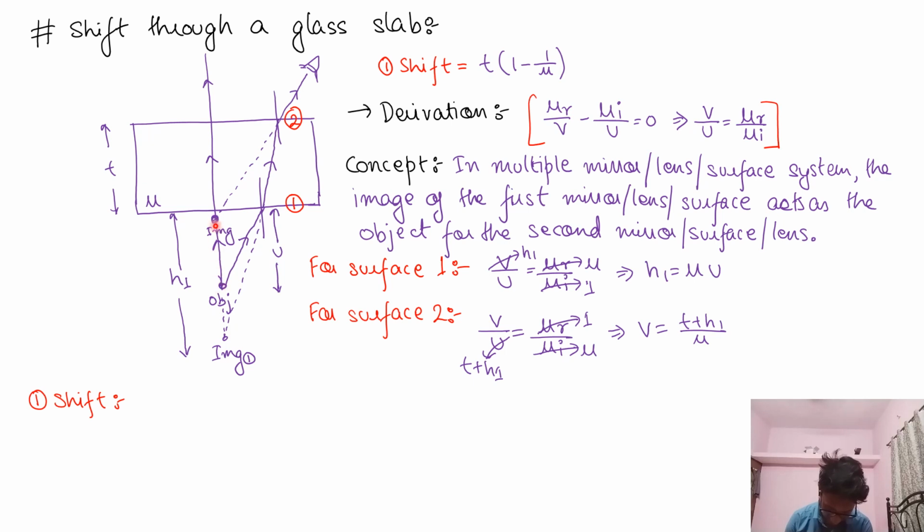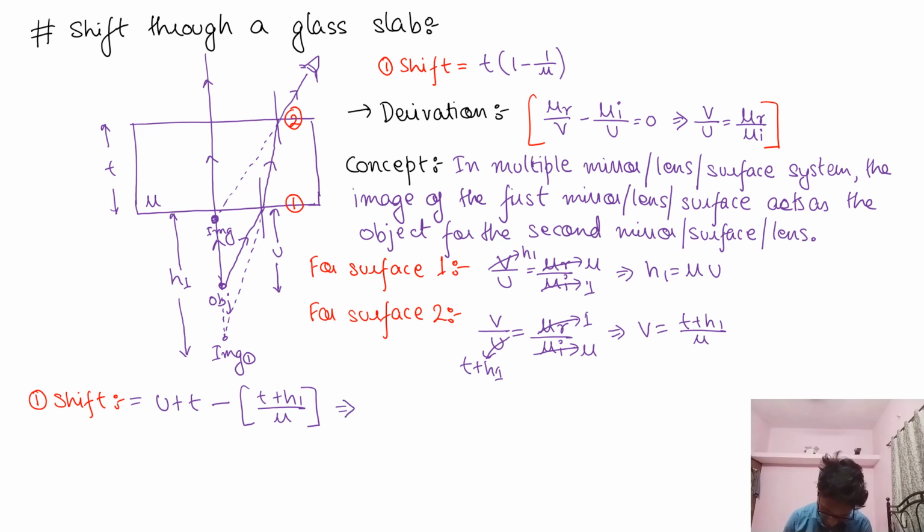So can I say shift is equal to u plus t, because I have to calculate the position of the object from out here, no? So u plus t minus the position of the image. Position of the image is how much? t plus h1 by mu.